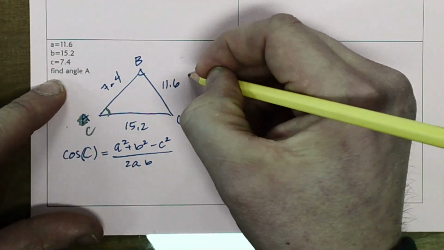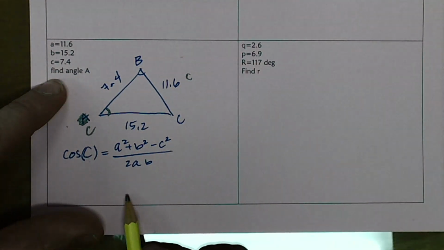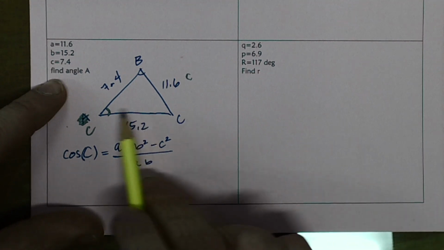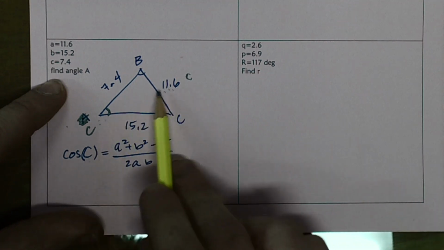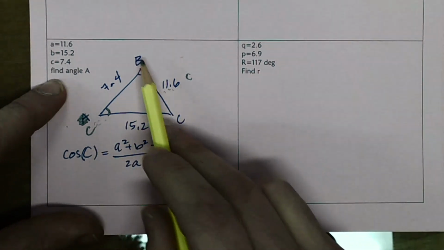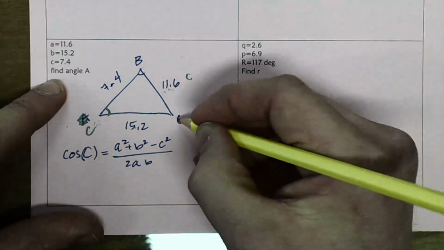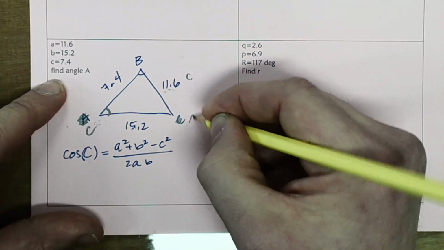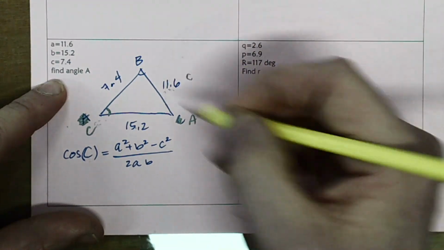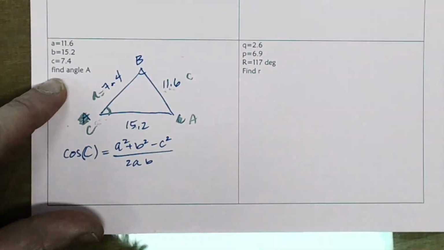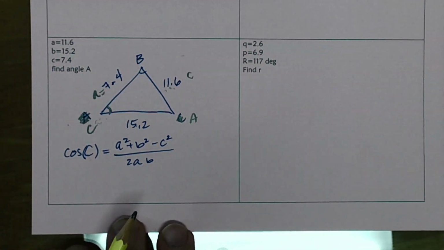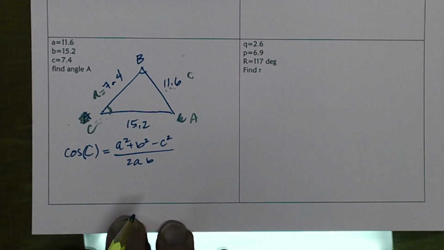That means that this is side length C. That is very important, that's across from angle C. And then the B we can keep, and this would be angle A and side A. Okay, that wasn't the original labeling system. I'm adapting it for use in this formula. You guys catch what I'm trying to do?